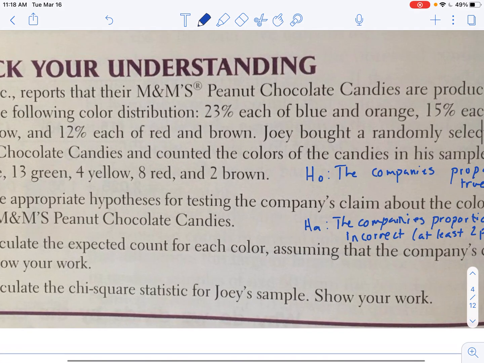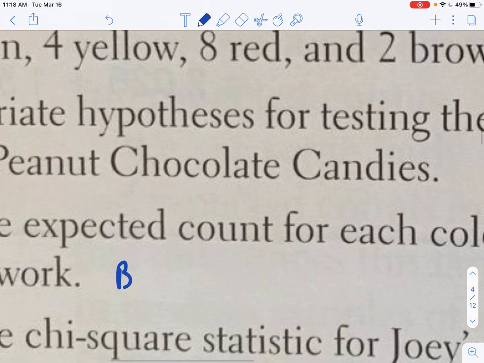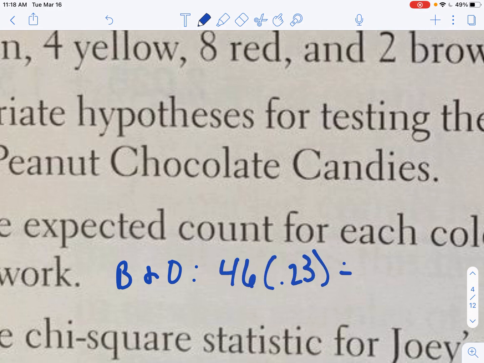Then to figure out the expected count, so for blue and orange, the expected count is 46 times 0.23 because that's their proportion, and there's 46 of the sample size. So when we go through and we look at how many blue and orange there are, we should expect 10.58 for both.